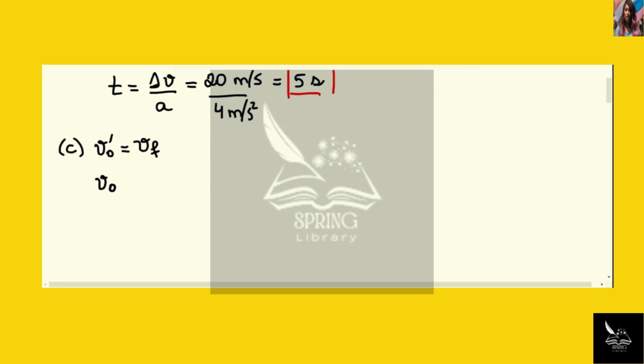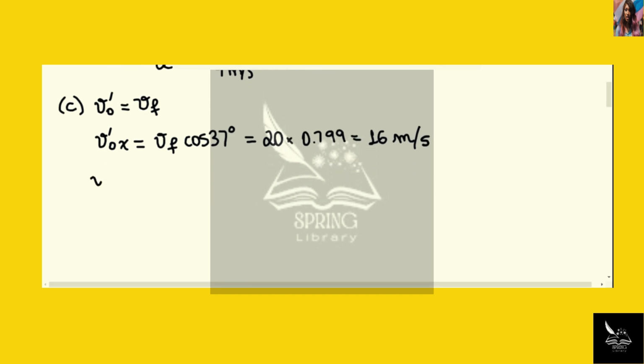And for that reason, V0x is just Vf times the cosine of 37, because the car is released 37 degrees below the horizontal. So this is 20 times the cosine of 37, which is 0.799, and this is equal to 16 meters per second.